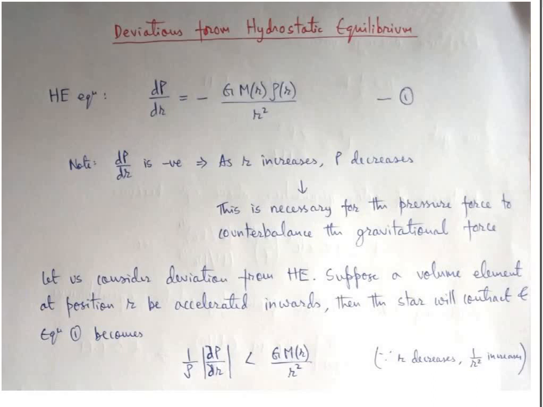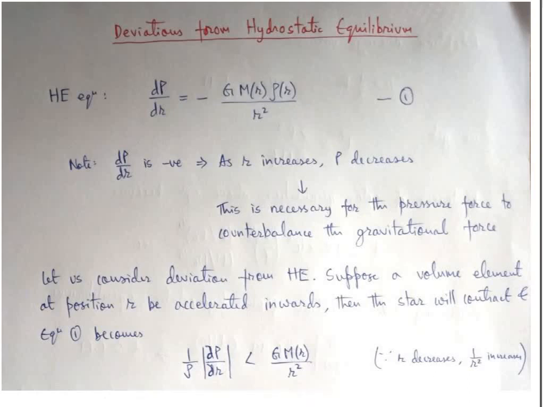Let's suppose a small volume element at a position r is accelerated inwards. So r is somewhat decreased from its original value. Since r is decreasing, suppose the star contracts from its hydrostatic equilibrium condition, then this equation 1 will become like this.